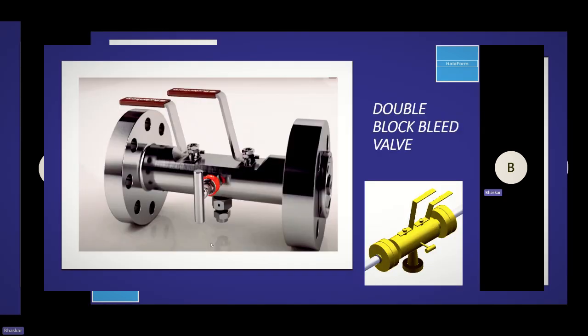In this particular example, we will be showing a double block bleed valve. In this, we have customized the bleed and the operator, and the bleed operator. There are two levers attached to this.